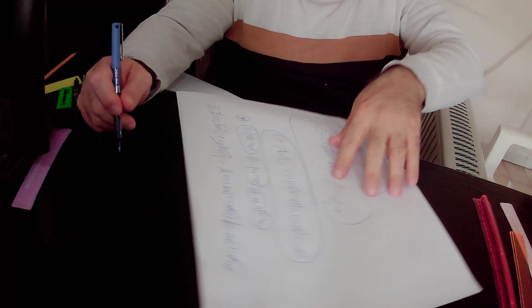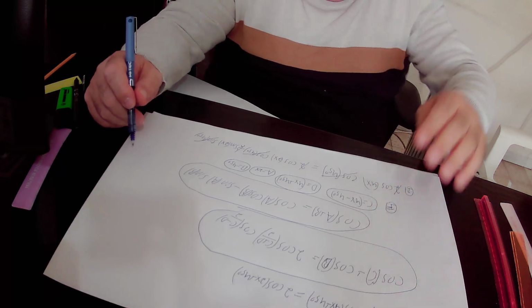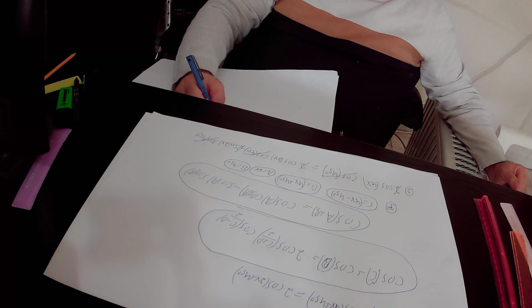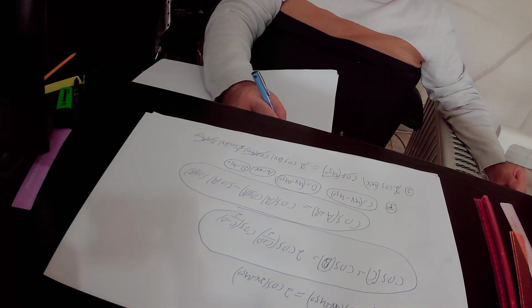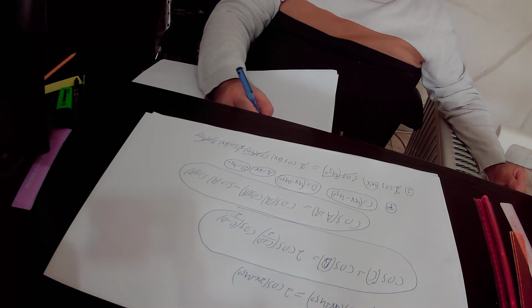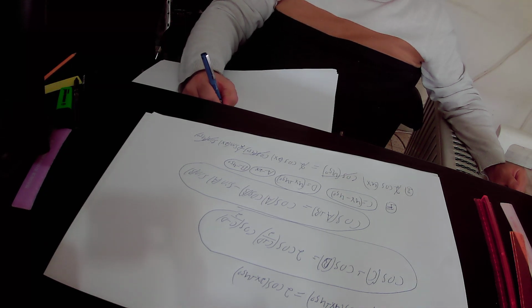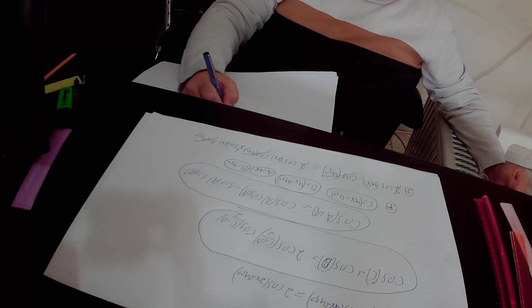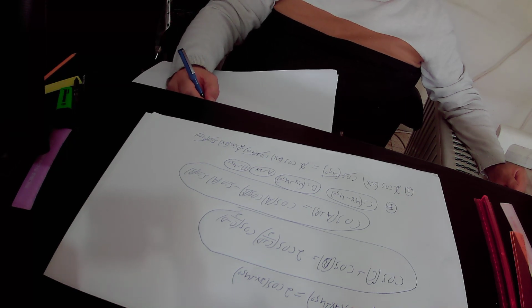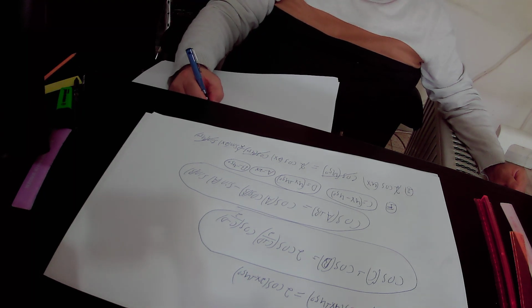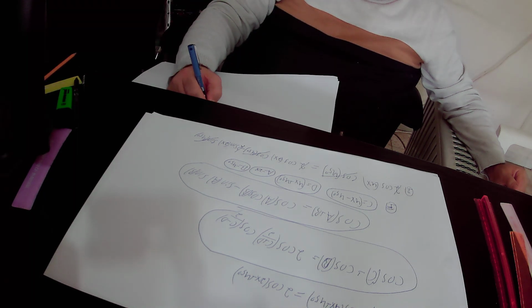So what is left from equation number 1 is cosine 4x equals cosine 2x minus sine 2x.